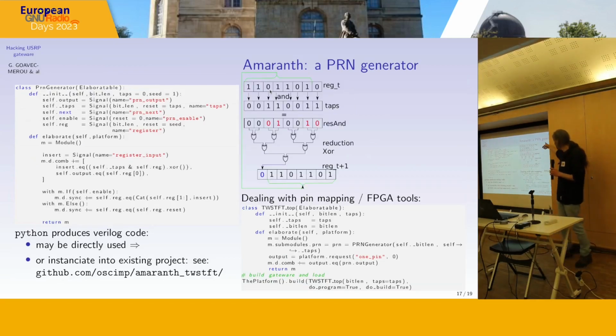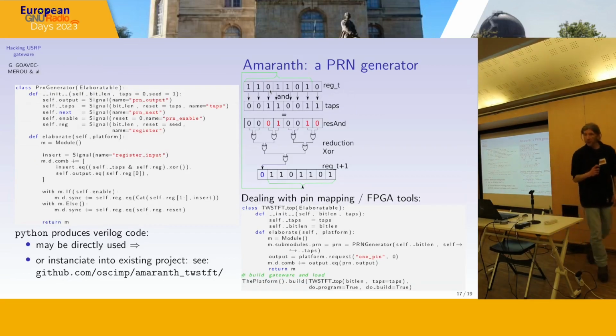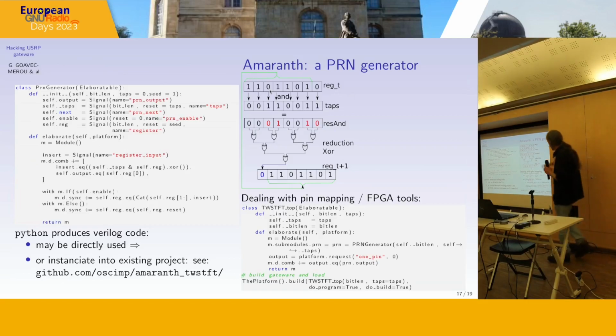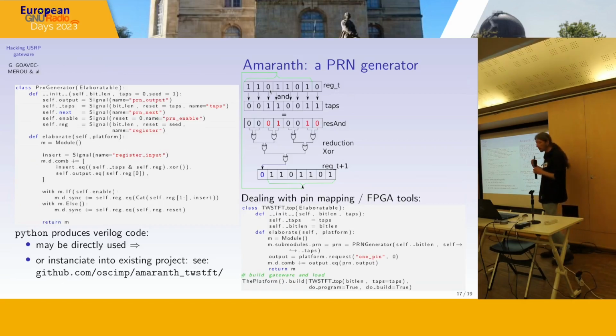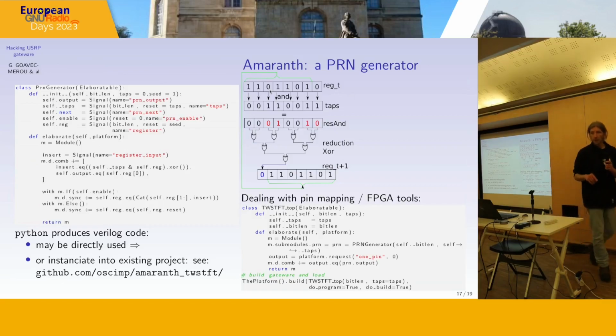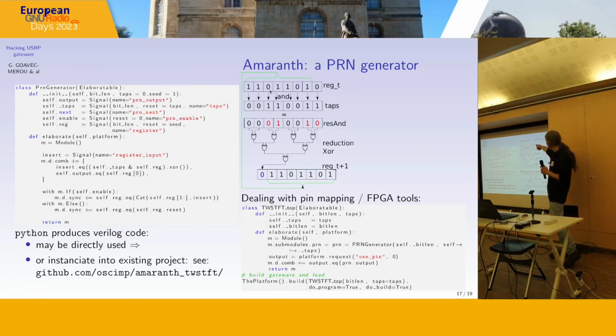But it's possible to do the same thing with something similar to that, with Amaranth. We have, again, our register. We have our taps. The taps may be live configurable by using only a bit equal to 1 on a tap. Only the bits in the register where the corresponding bit on the taps is equal to 1 are kept, and we use a reduction XOR.